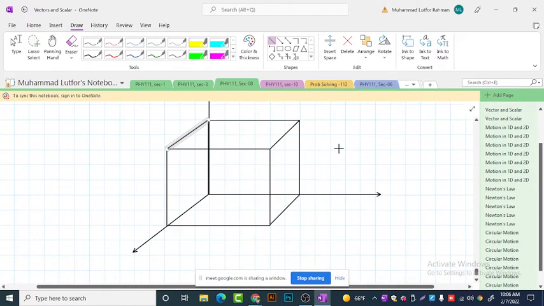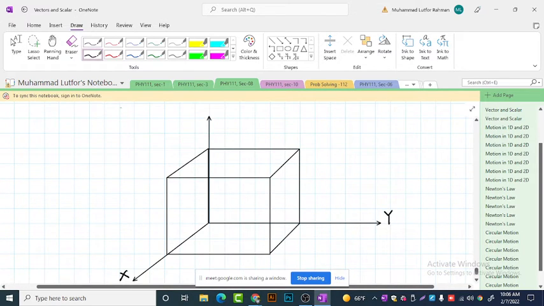So this is a cube. Say this is the x-axis, this is the y-axis, and this is the z-axis.